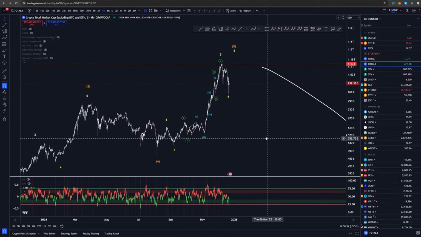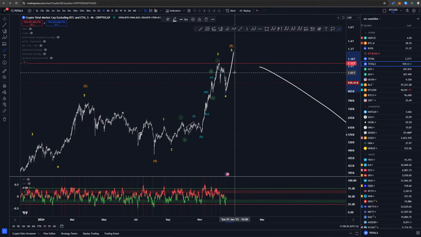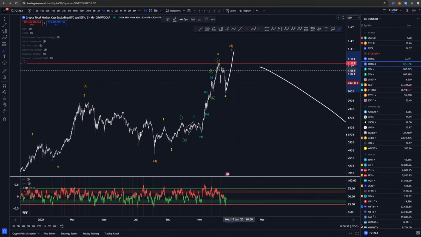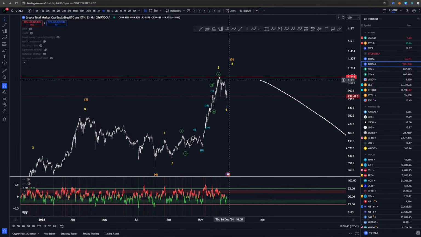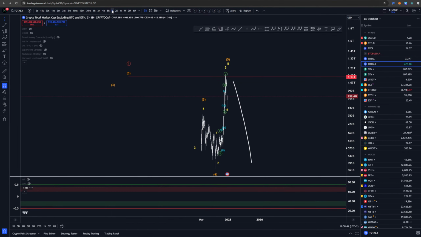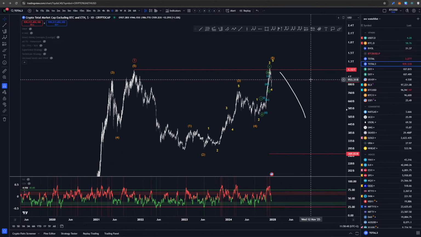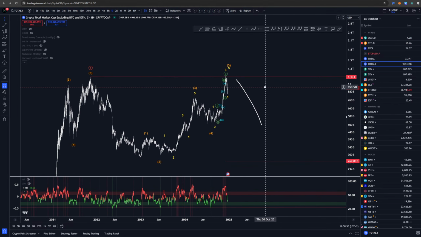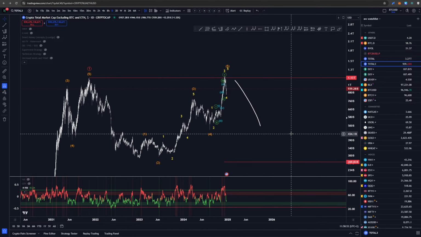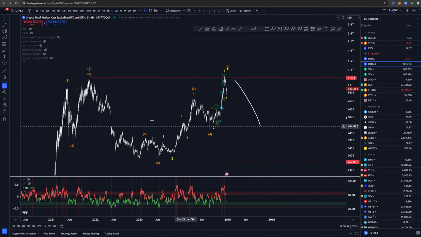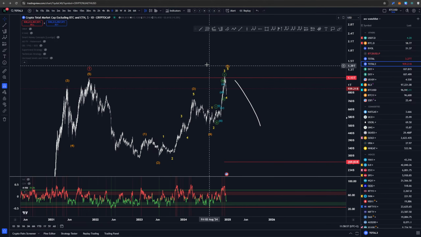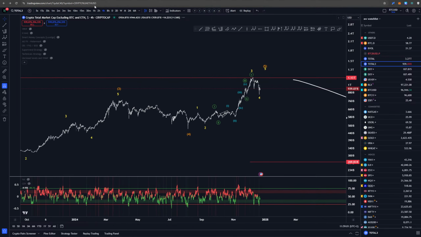This still gives me hope that there is this last push up into somewhere in January. And once we take out this high, or current high that we created, we have a very good possibility of completing a crypto altcoin pattern. And then it would be done.